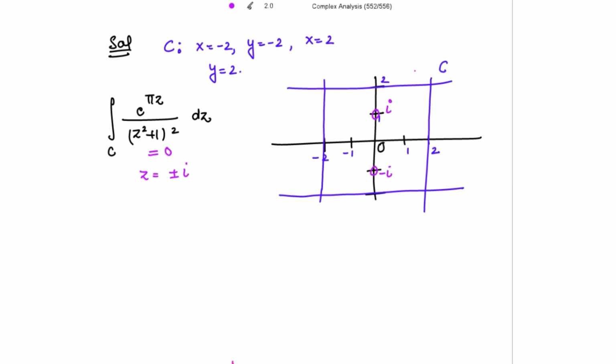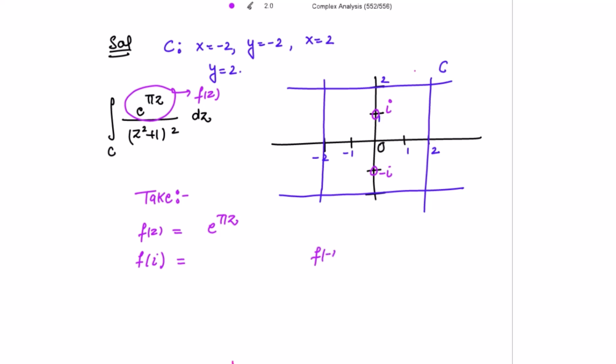What is f(z)? We always take f(z) to be the numerator, right? So taking f(z) to be equal to the numerator, and to use the Cauchy's integral formula we also need f at iota, the value of the function at the point z equal to iota, and also the value of the function at the point z equal to negative iota.